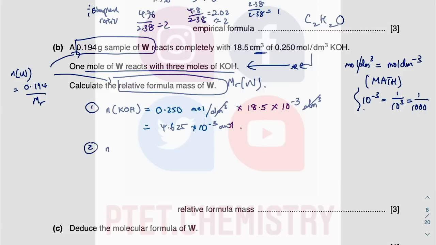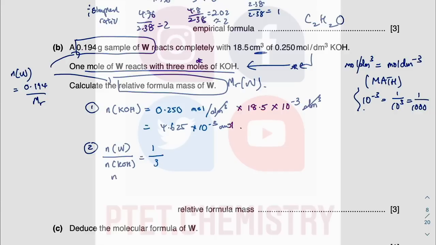Now your mole ratio says 1 mole of W reacts with 3 mole of KOH. That is this information here. I love my fraction like this because this is the mole ratio from the balanced equation.